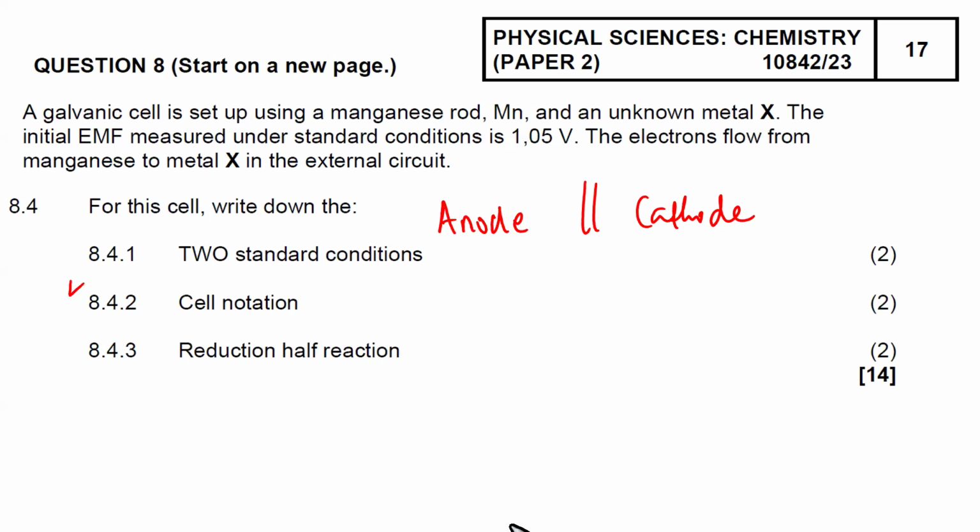We said the anode is manganese, and the cathode is going to be Pb, lead. So now we have the following. Right, we continue.